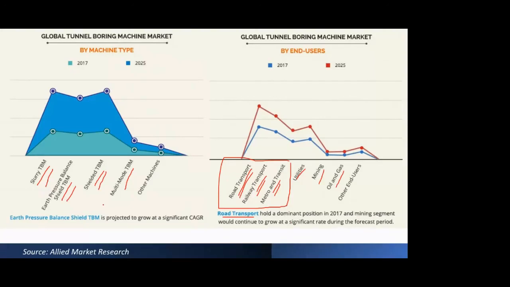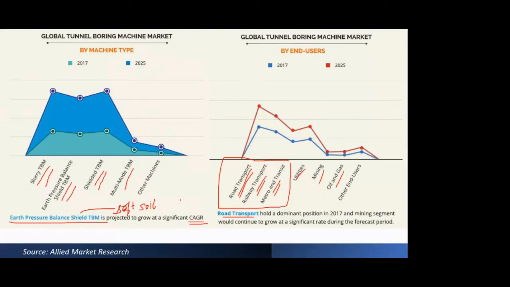On the left side, the earth pressure balance TBM is the most significant one, which has a good growth rate. The reason is that the earth pressure balance shield TBM is useful for tunneling operations in soft soil. We were discussing in the previous lecture the types of tunneling methods in soft soil, where we saw the needle beam method and NATM method.